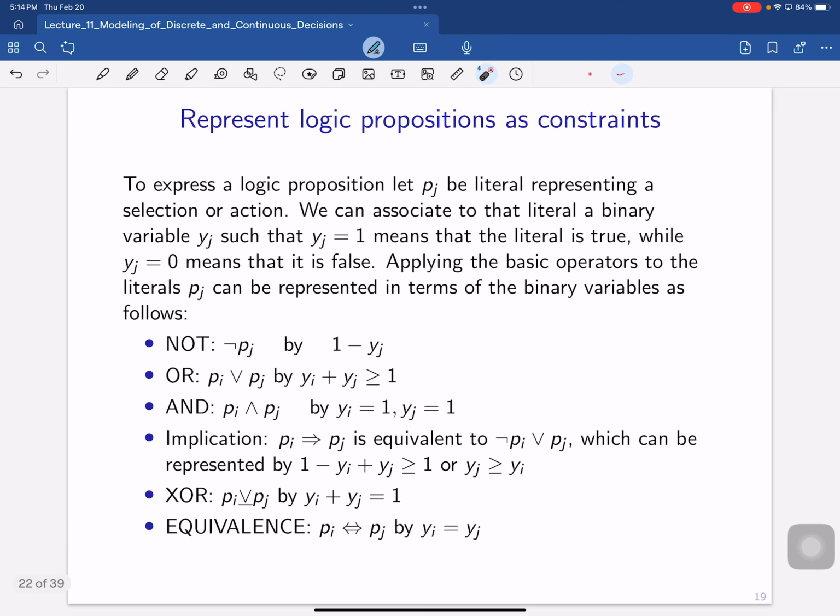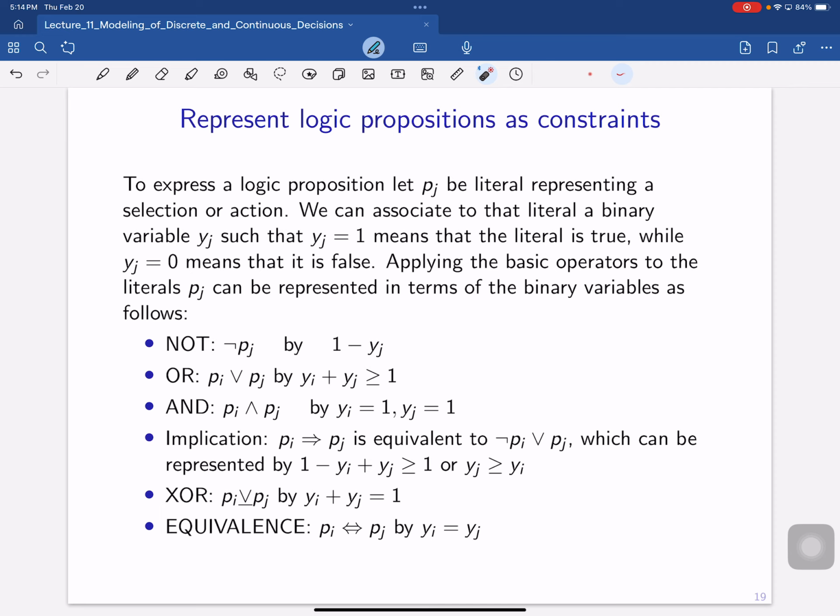Now, how do we represent logic as constraints? We actually have talked about most of them already. All those easy logic conditions can be easily translated into some linear equations. Here you just replace what is called the literal.